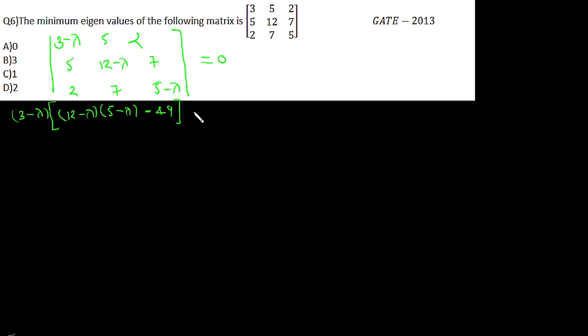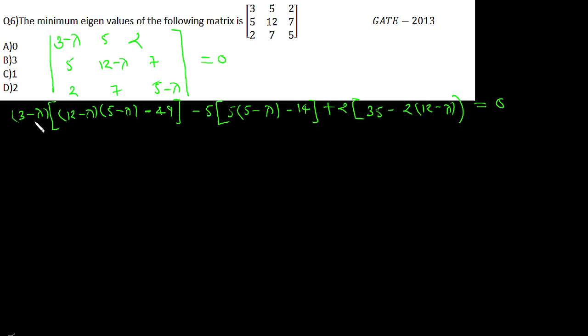This bracket is over. Here the minus 5 stays as it is. We exclude this row and this column and multiply this pair minus that pair, so we get 5 into 5 minus lambda minus 14. Plus the last term, 2 into, excluding this row and column, 35 minus 2 into 12 minus lambda, and we equate all to 0.